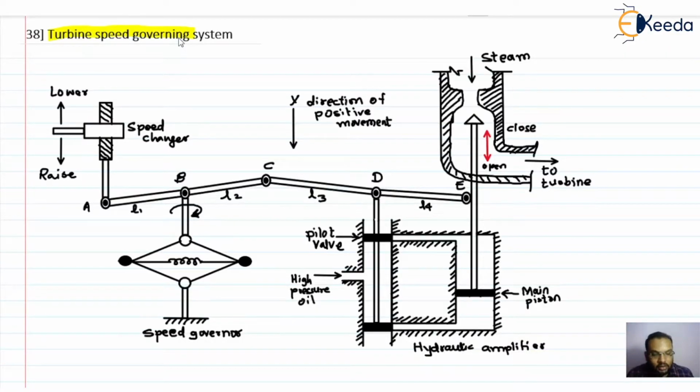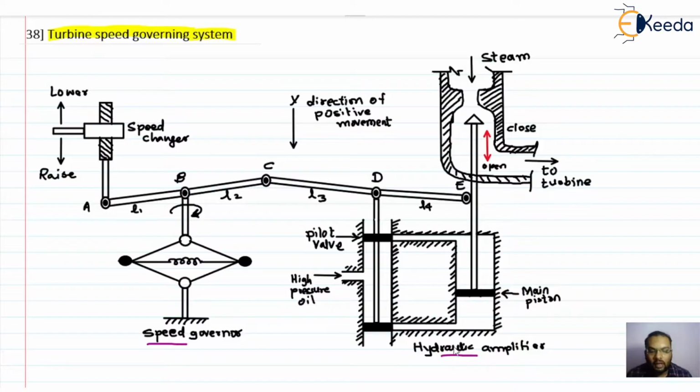A simple schematic diagram for the turbine speed governing system is shown here in this figure. You see, it is mainly comprising the speed governor, that is a flyball speed governor, which is the heart of this speed governing system. Second, we have the hydraulic amplifier.